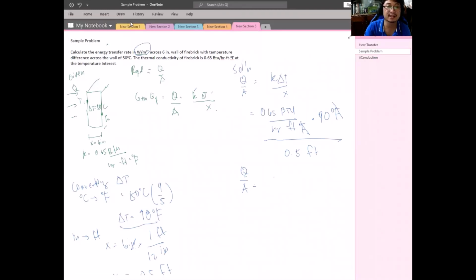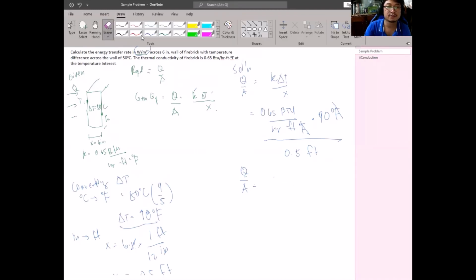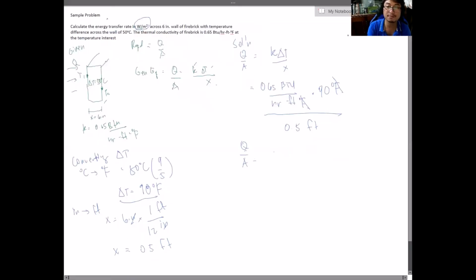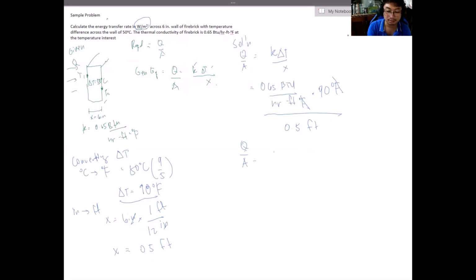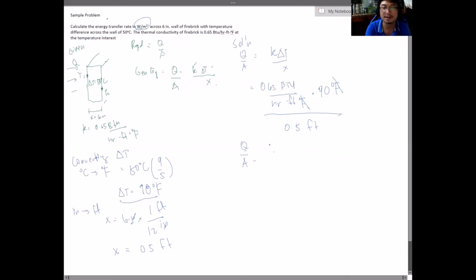So, by the use of calculator, 0.65 times 90 divided by 0.5 pala, no? That is, kung nakikita mo sa calculate nyo, so 117. 117 BTU per hour feet square, di ba? Nag-multiply yung feet natin dahil pala sa denominator.